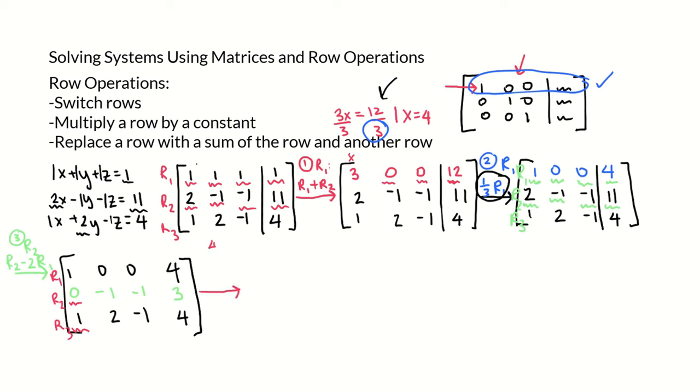Our fourth step will be to take row 3 and replace it with row 3 minus row 1.